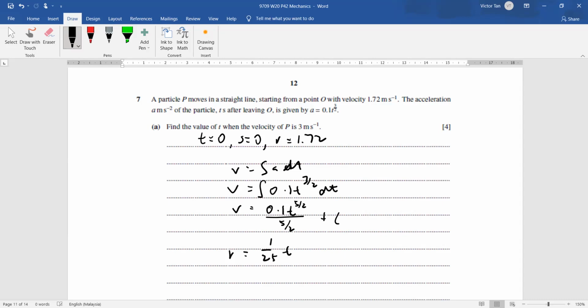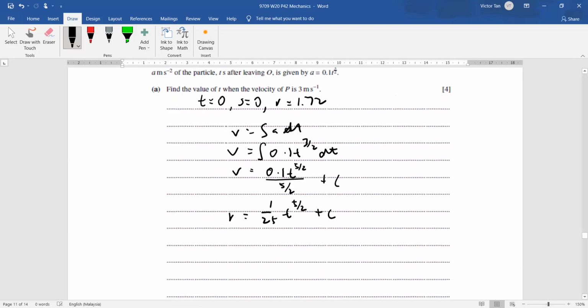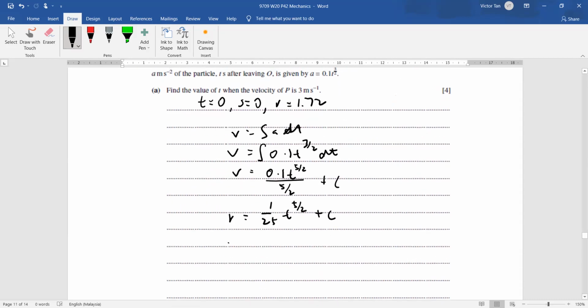So v equals 1 over 25 t to the power 5 over 2 plus c. So c is 1.72. V equals 1 over 25 t to the power 5 over 2 plus 1.72.